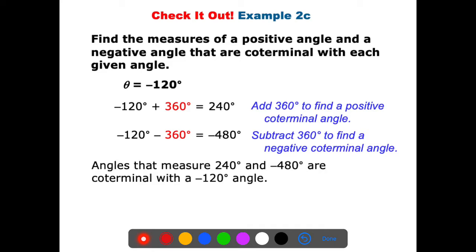Looking at another example, find the measures of a positive angle and a negative angle that are coterminal. So for negative 120, you would add and subtract 360, and that will give you 240 and negative 480, and those are both coterminal with negative 120 degrees.